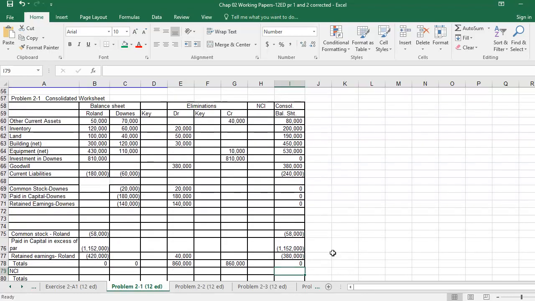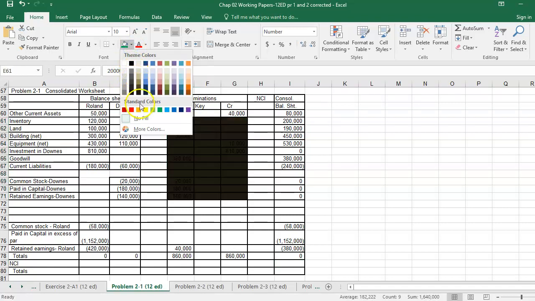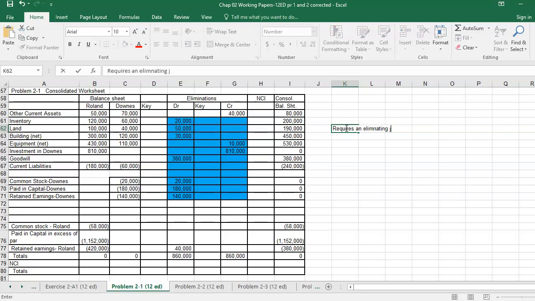All right, and then you can actually do a balance sheet. You're supposed to do a consolidated balance sheet, a formal balance sheet with assets and liabilities and equity listed out. Okay, the journal entry: these things right here, not the 40,000, but this stuff right here in the middle, requires an eliminating journal entry.